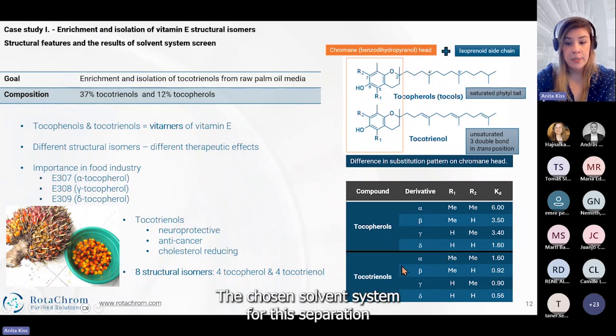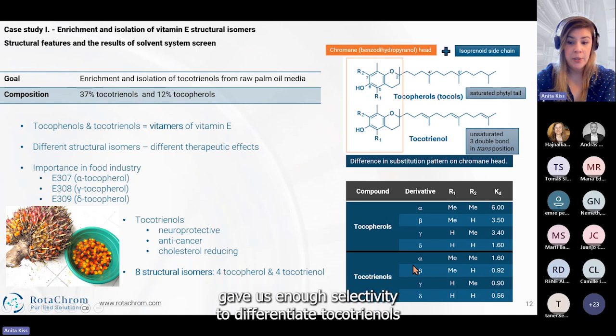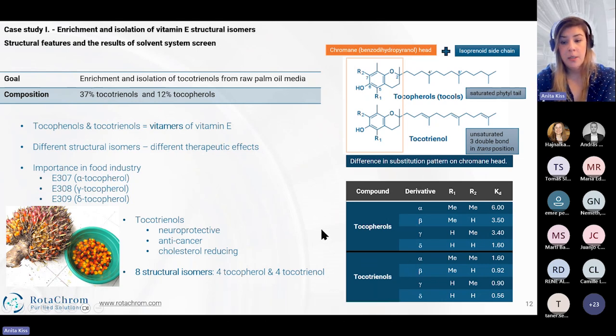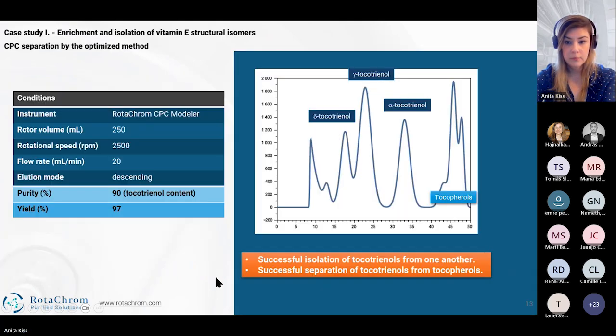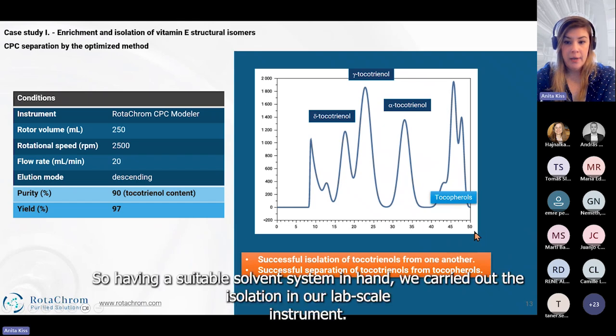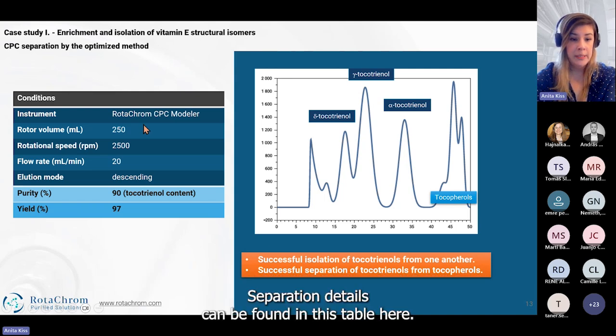The chosen solvent system for this separation gave us enough selectivity to differentiate tocotrienols with these partition coefficient values listed in the table here. So having a suitable solvent system in hand, we carried out the isolation on our lab scale instrument. Separation details can be found in this table here.